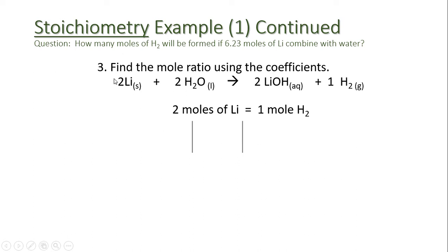Yung mga number na nakikita nyo dito sa katabi ng element is what we call coefficients. So there are two moles of Li. 2 moles of Li is equal to 1 mole of H2. Kung meron kang dalawang moles ng lithium, makakagawa ka ng 1 mole ng H2. Yan yung ibig sabihin nun.